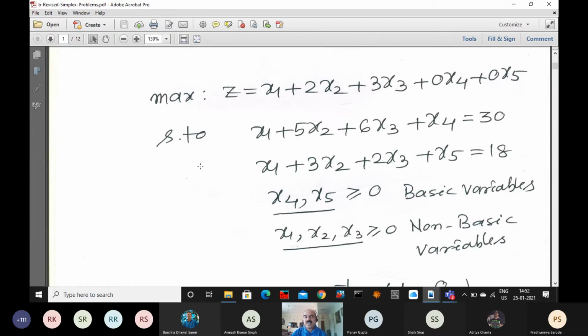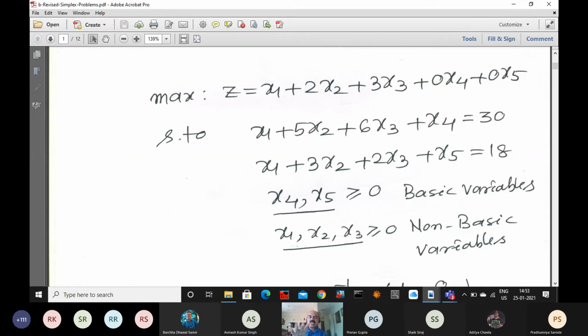The first constraint is x1 plus 5x2 plus 6x3 plus x4 equal to 30. The second one is x1 plus 3x2 plus 2x3 plus x5 equal to 18. Here x4 and x5 are the basic variables, and x1, x2, x3 are the non-basic variables in the first table only.